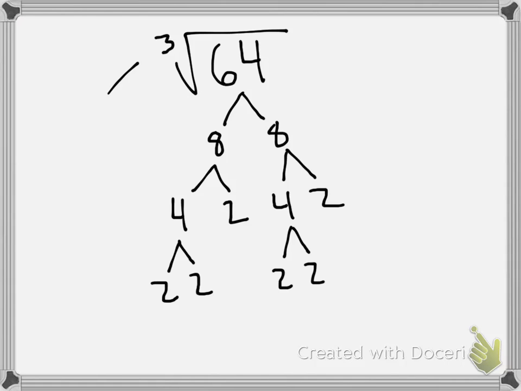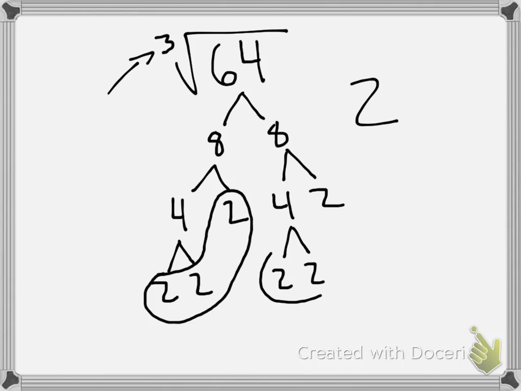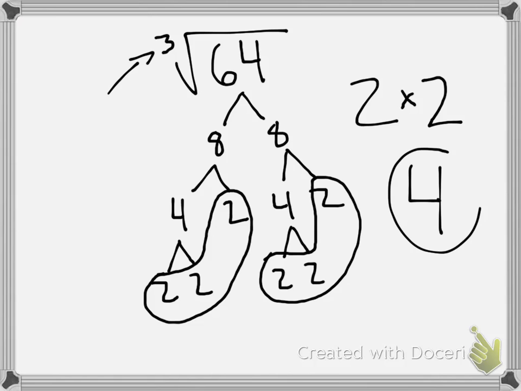Again, we are doing the cube root, so we're looking for groups of 3. There's a group of 3, and here's another group of 3. So we multiply those, and 2 times 2 is 4. So the cube root of 64 is 4.